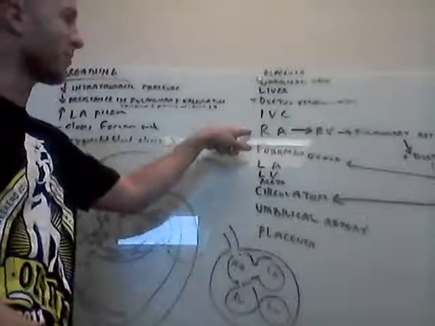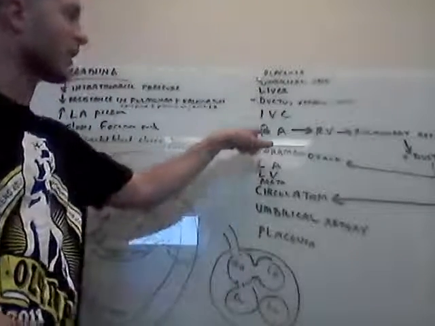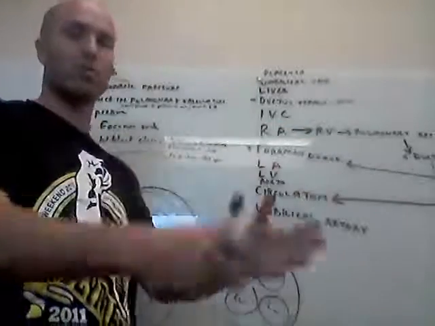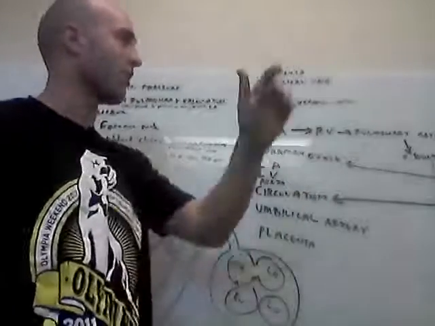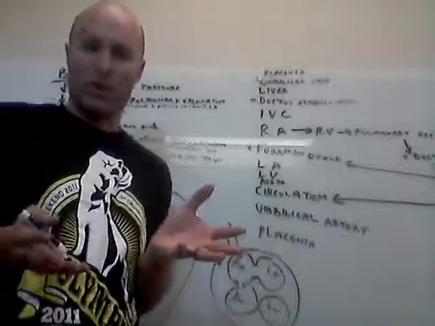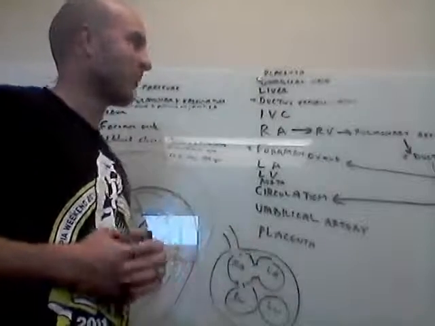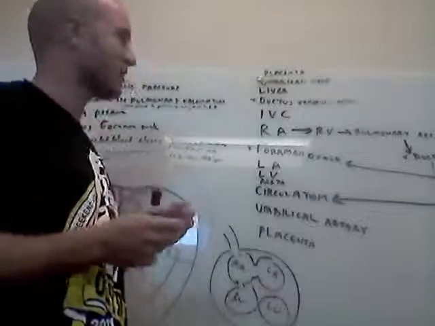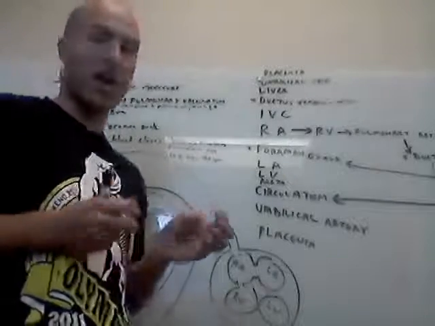So it goes to the right atrium, it can either go through the foramen ovale, or it can go through the right ventricle. From the right ventricle, we know the blood pushes into the pulmonary circulation, through the pulmonary artery and into the lungs. But there's another little hole here on the pulmonary artery. It's called the ductus arteriosus. It's a little hole that connects the pulmonary artery with the aorta.